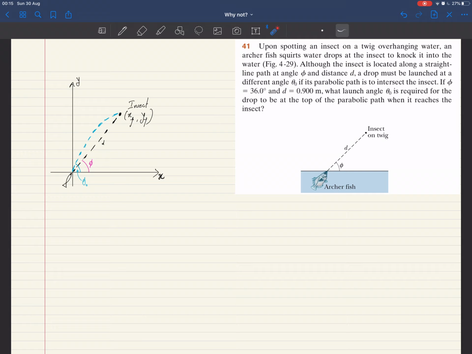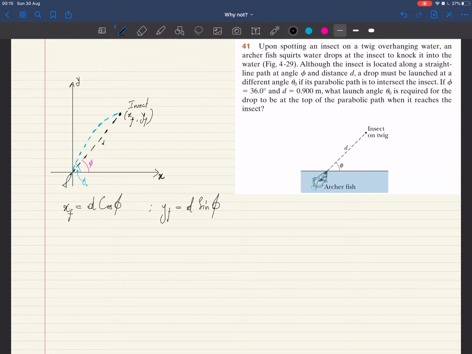Here we're given the direct distance d from the fish to the insect, so we can determine these coordinates xf and yf. xf is d cosine of phi, and yf is d sine of phi.